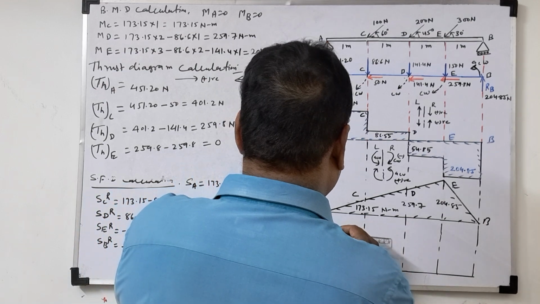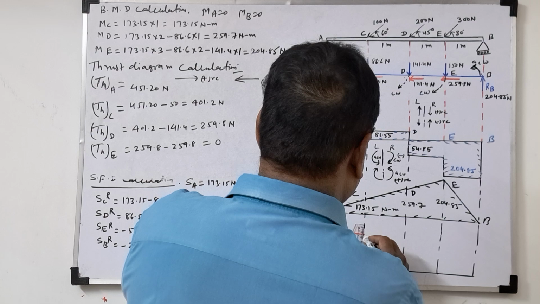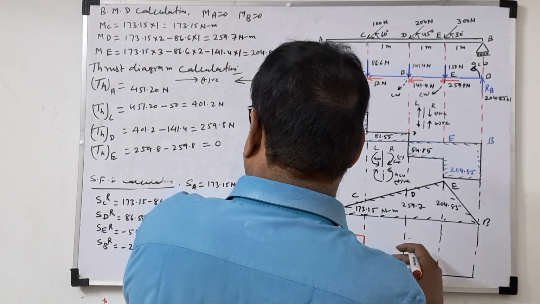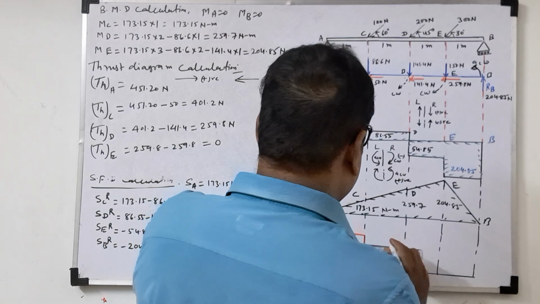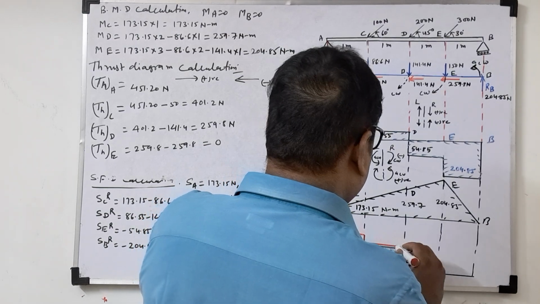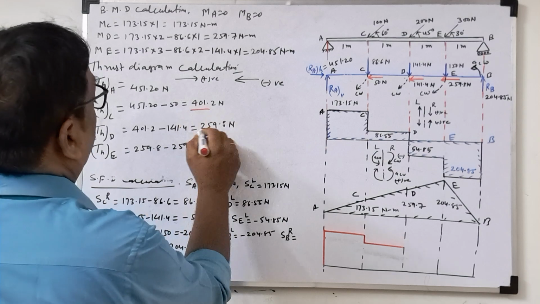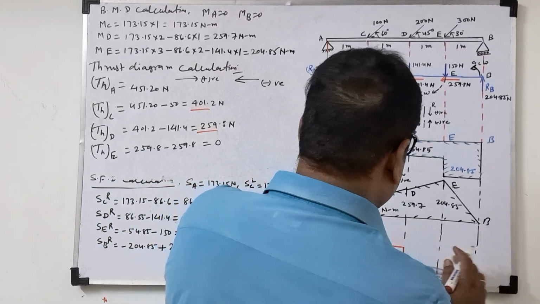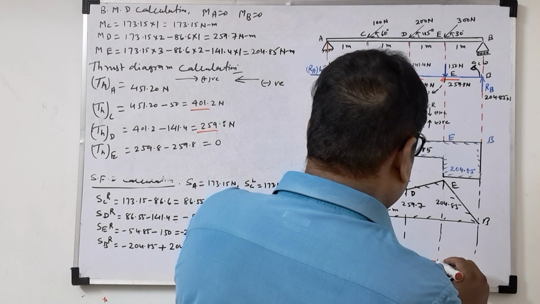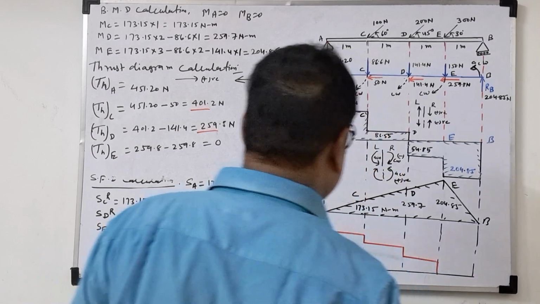Now here we'll draw 401. Again here, how much is coming? 259. It will come down, then it will go 259, and at point E you are seeing 0. So this is the thrust force line.